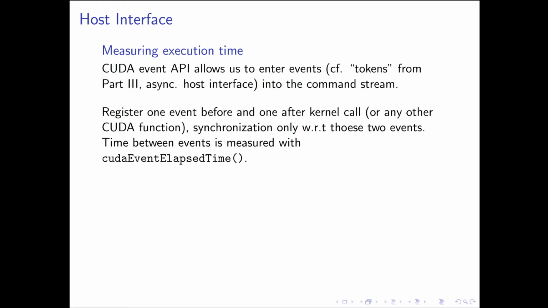And then we're measuring just the time between those two events with a dedicated function that is called cudaEventElapsedTime. That way, by using tokens, we're able to measure the time without doing any synchronization other than in regard to the two events.